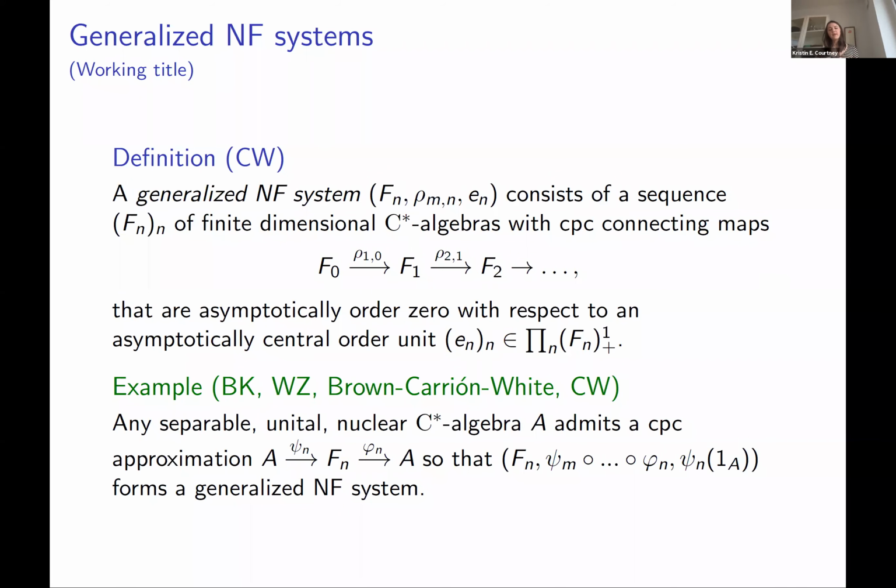But we can say that any separable unital nuclear C-star algebra A admits a CPC approximation, so that if I take the finite dimensional C-star algebras, and then I just take the composition of the maps going from F_n all the way up to some further F_n down the line, by just following the zigzag of this asymptotically commutative diagram I showed you earlier. And this will form a generalized NF system.